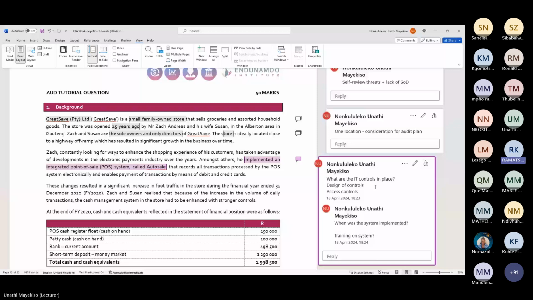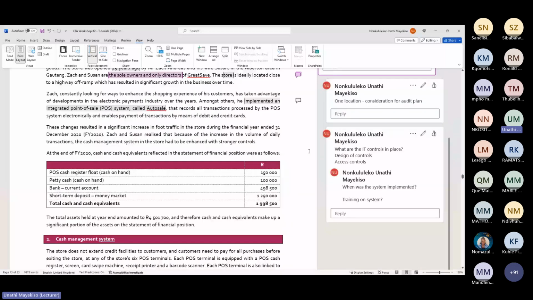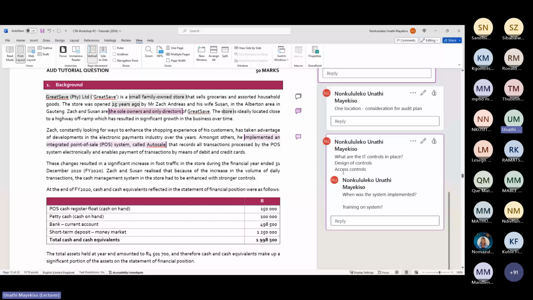I can't say objectivity. What can I say? I suppose I should have also said the same thing when we spoke about the self-review threat. Which principle would you be pointing that to? And then also, to which person are you pointing that to? Because at this point, we don't have information that Zach and Susan are CAs.